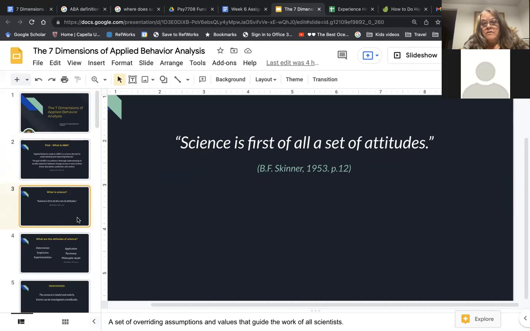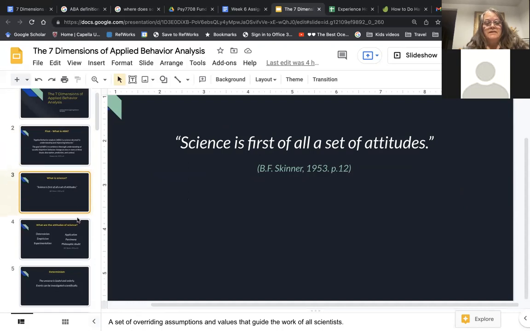So if behavior analysis is a science, what about it makes it a science? A science is a set of overriding assumptions and values that guide the work of all scientists, whether that be neuroscience or oceanography or chemistry.